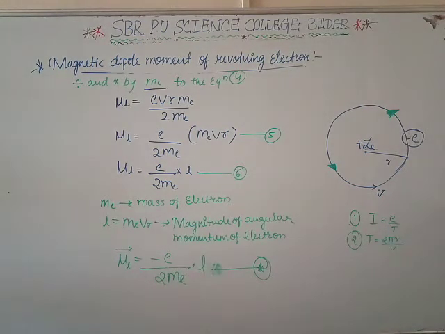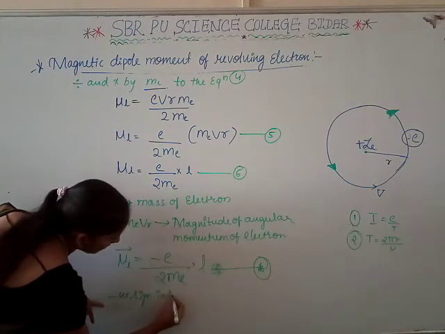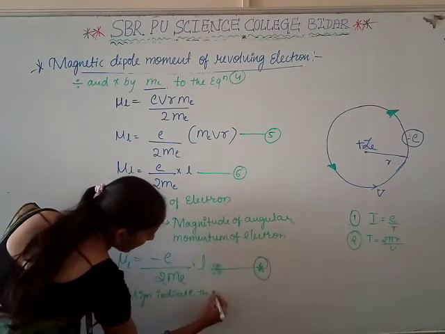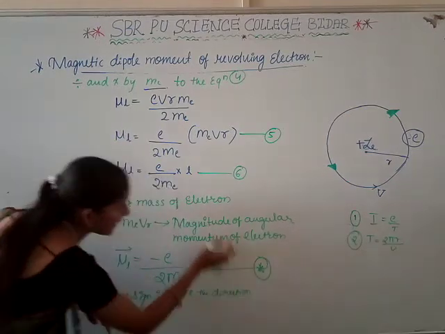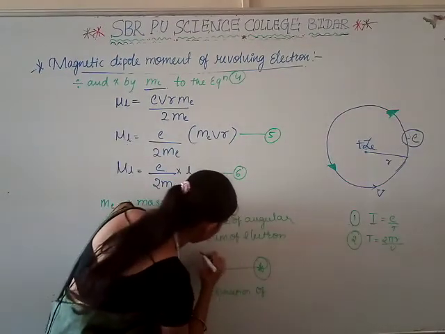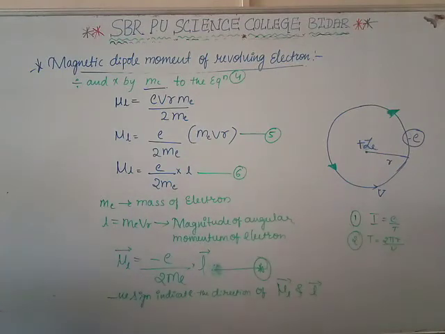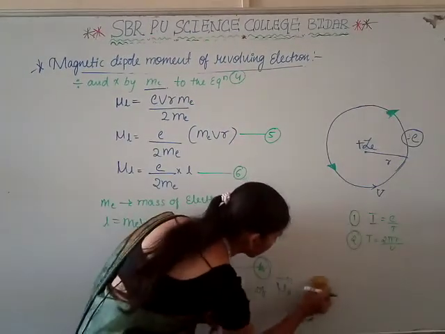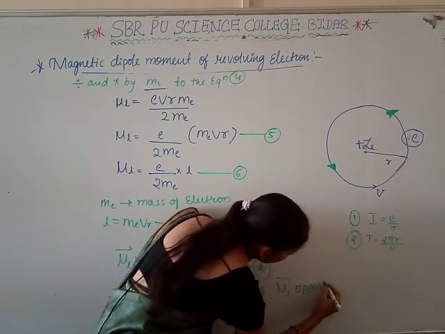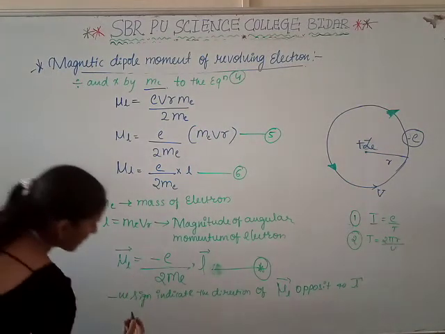The negative sign indicates that when we write the equation in vector form, the direction of vector μL and vector L are opposite, or vector μL is opposite to vector L. Why is it opposite to vector L?